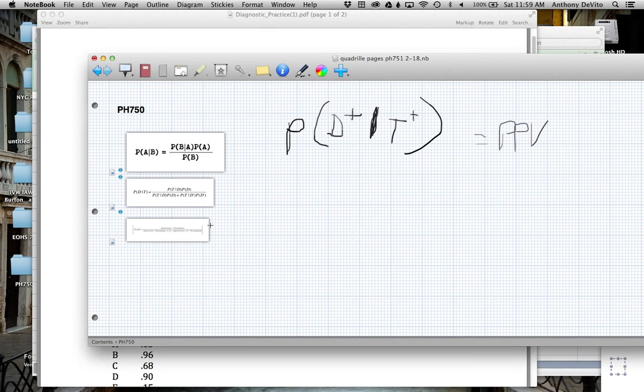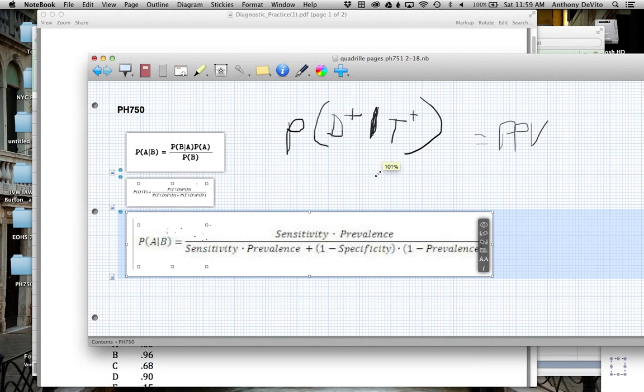Similarly, another way to calculate that is to use Bayes' theorem. Bayes' theorem basically boils down to this formula.